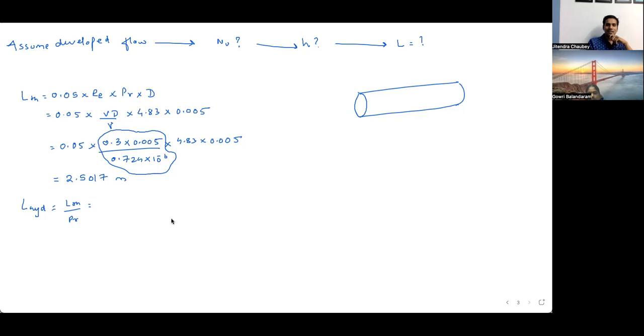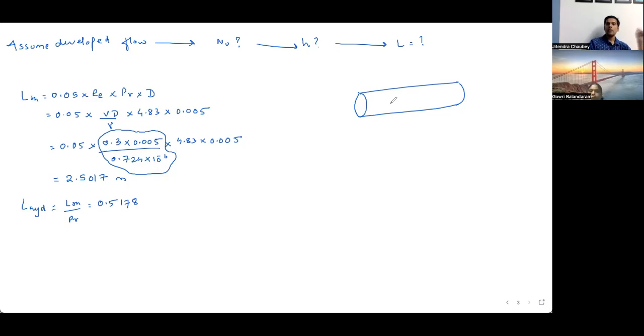If we divide by 4.83, the value comes to 0.517 or 518. So you should always consider the max value out of these two. The max value will tell you if the flow is fully developed or not.